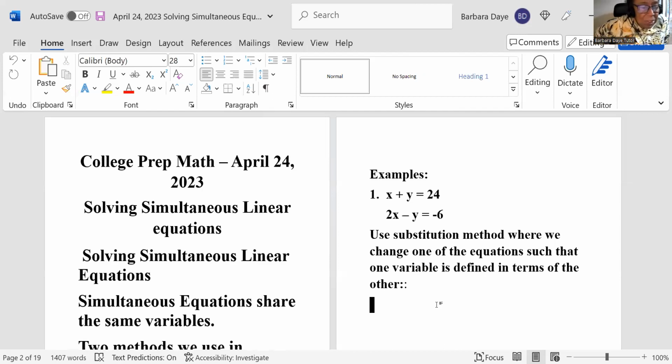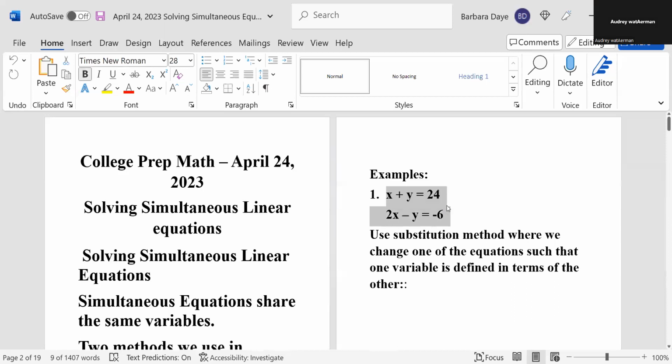Now, the substitution method is where you take one of the equations, solve it for one of the variables, and then you substitute that in the second equation, and that way you only have one variable that's unknown. Now, how does that work? Let's take these two equations and do our substitution.